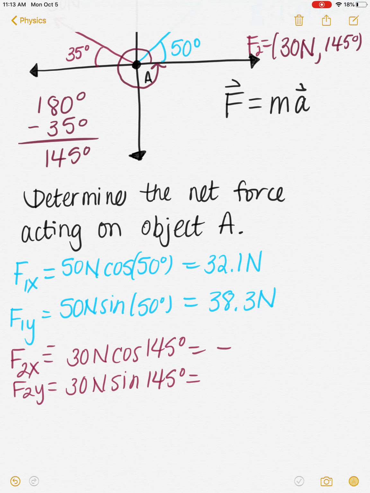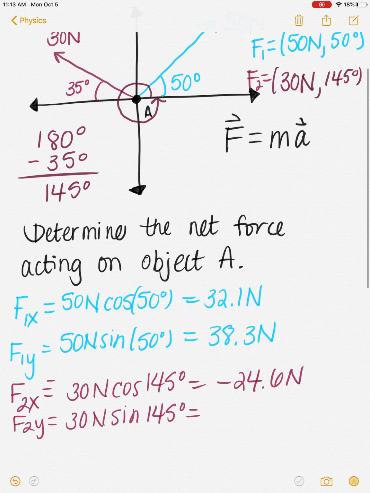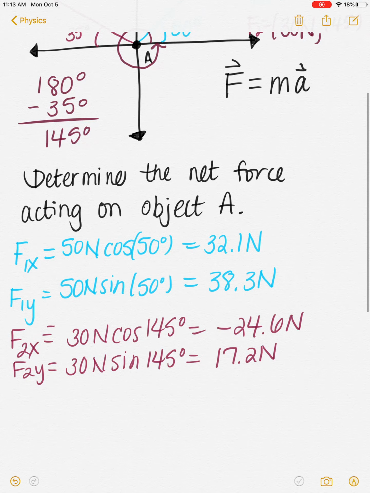So 30 cosine 145 gives me a negative 24.6. And that should not surprise you that we get a negative x value because we were in the second quadrant according to the diagram. Then we take 30 sine of 145 and we get 17.2 newtons.